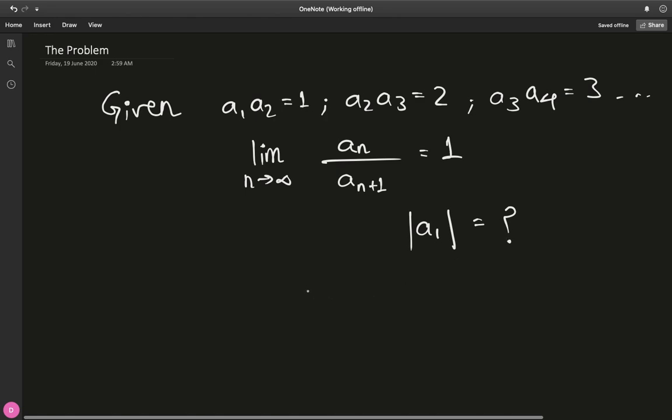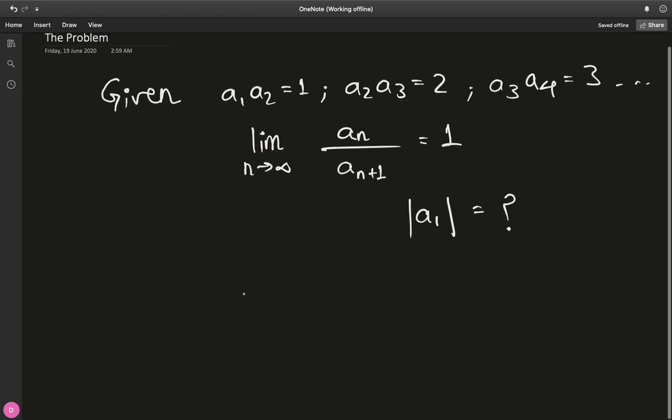This problem just wants us to reconstruct the entire series, or have a general expression for say the a sub nth term, or a sub n plus 1th term, or something like that. So let's look at this first condition here.